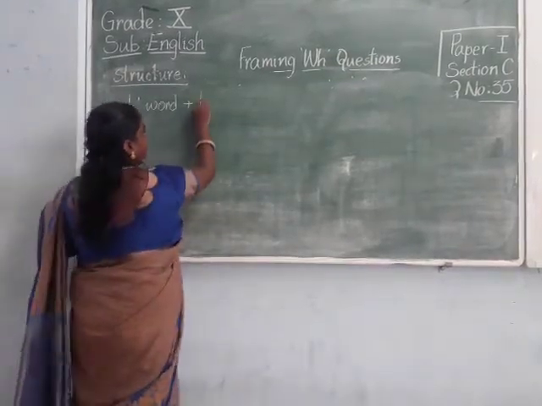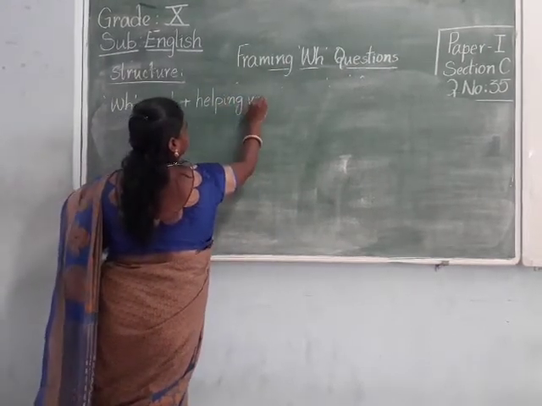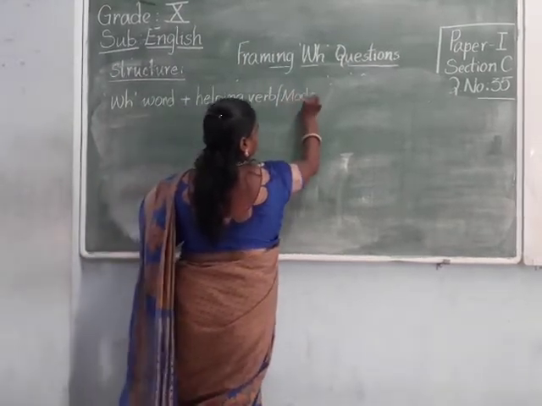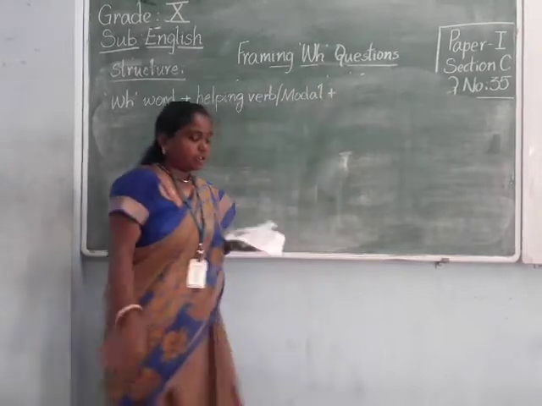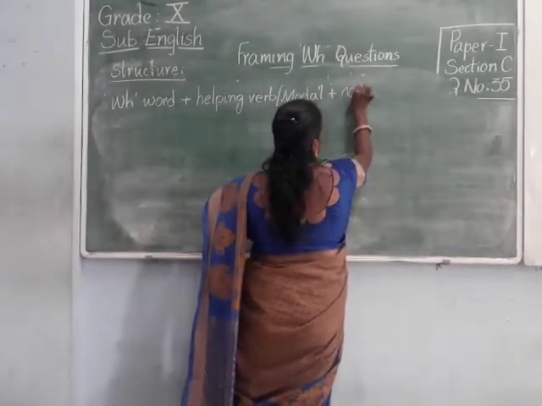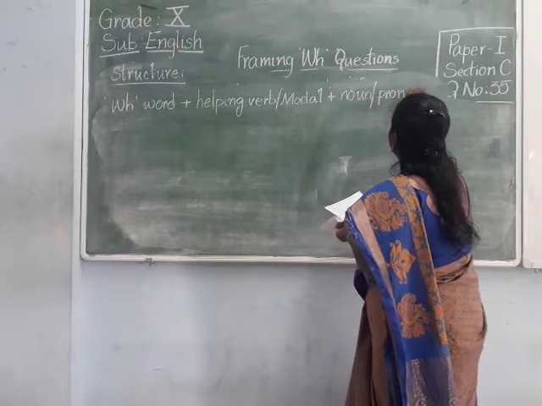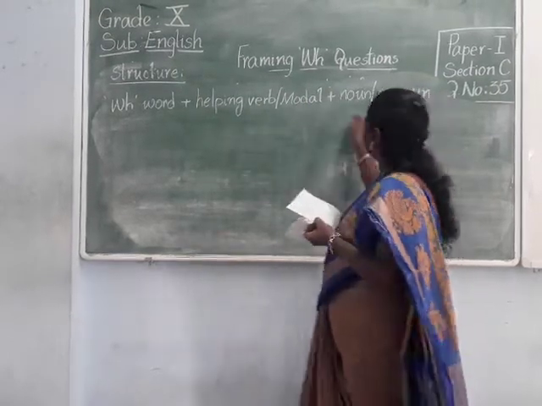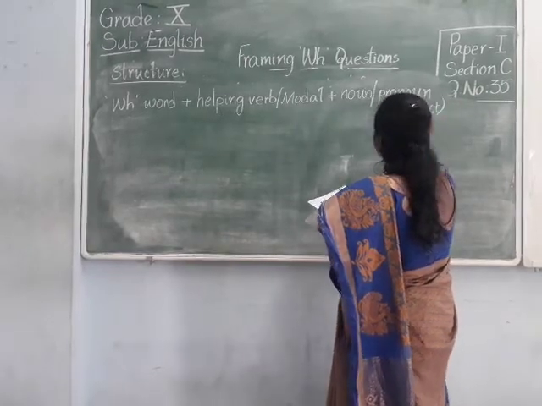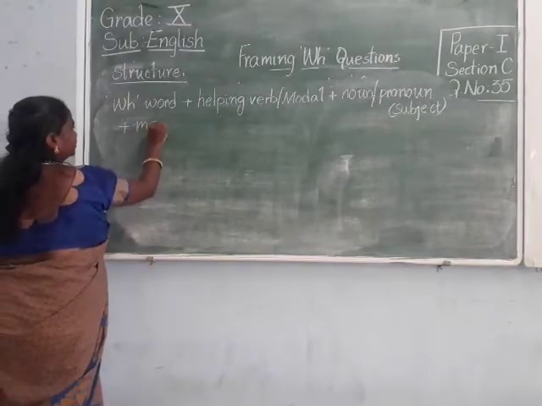So we have to add a suitable helping verb or modal, then the noun or the pronoun, that is the subject in the sentence. Then after that you have to use the main verb.